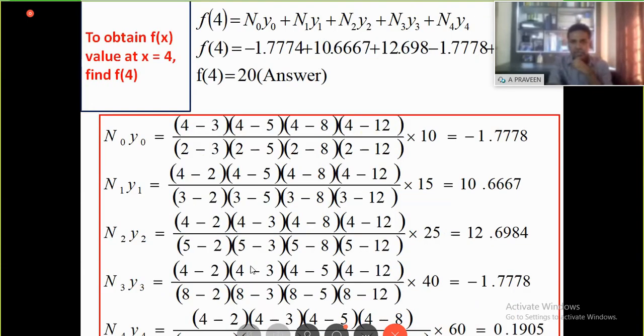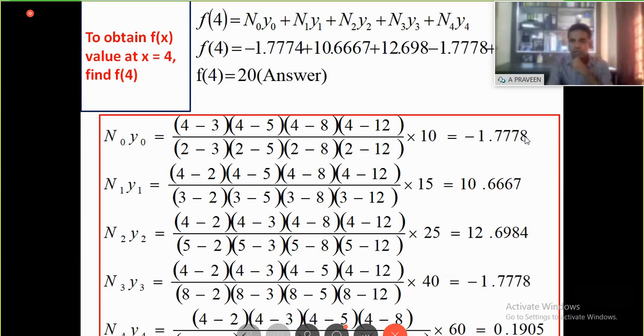So 4 minus 3, 4 minus 5, 4 minus 7, 4 minus 12. Here again 4, here also 4, here also 4. So substitute 4 in all the polynomials here. When you multiply with the corresponding y, these are the values that you get.